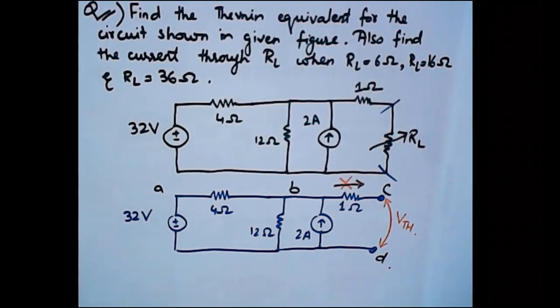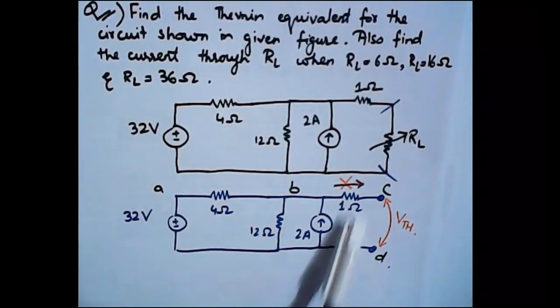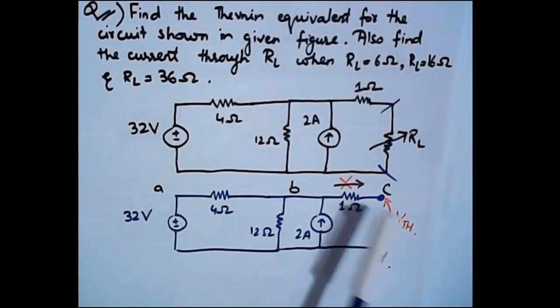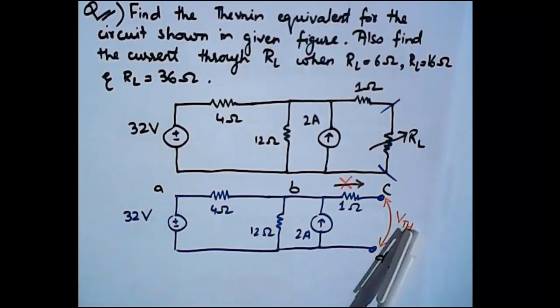It is basically the open circuit voltage across the load terminals. First you need to open circuit the load terminals, that we have already done, and then the voltage which appears across these load terminals. This is basically the voltage we are talking about as the Thevenin voltage.